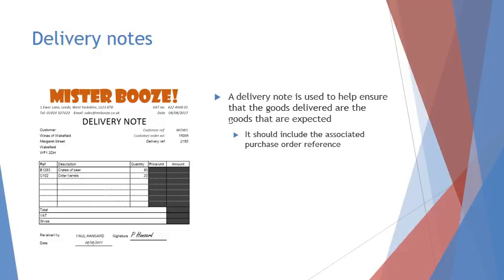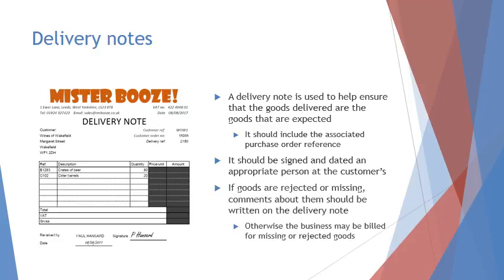It will include details of the purchase order that this delivery note relates to. Now, when the supplier delivers these goods, they'll want to get a signature from whoever has received the goods. That way, if there is a query at a later point, we can then refer to that particular person.